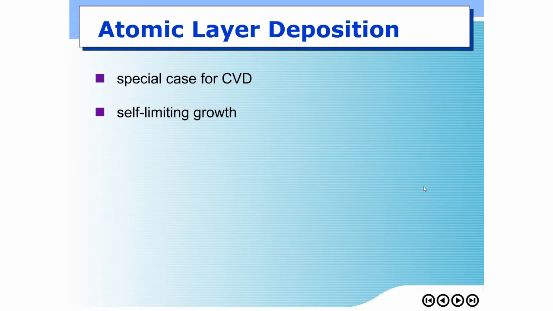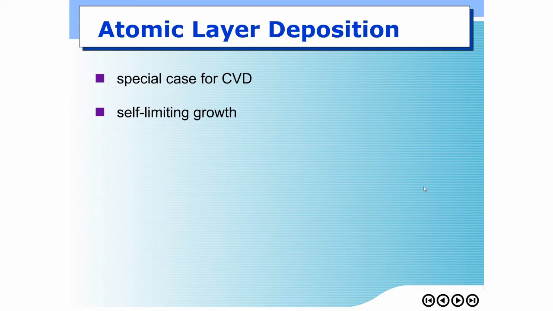So in order to control the thickness of the film, you have to control the time that your substrate is exposed to the precursor. And that is not quite easy to do. So the thickness of the film in CVD cannot be precisely controlled.